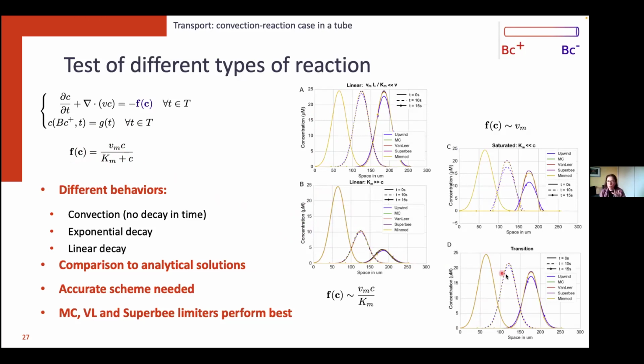So you have different regimes, and this is good because in these cases you can compare with analytical solutions when you're in a simple tube. So we could verify our numerical schemes that way.